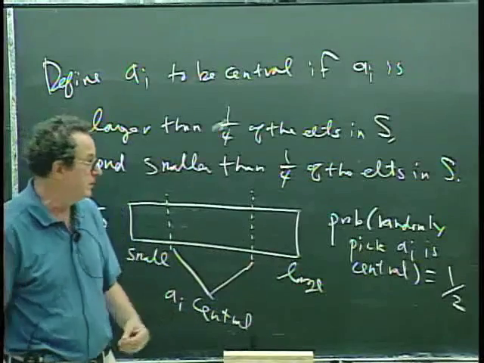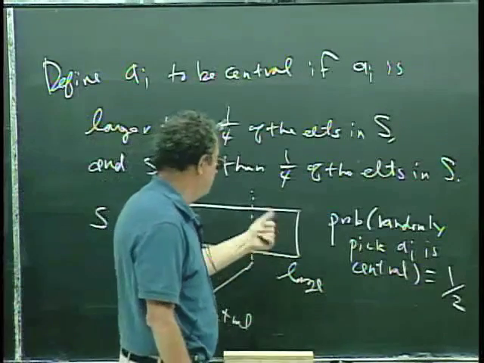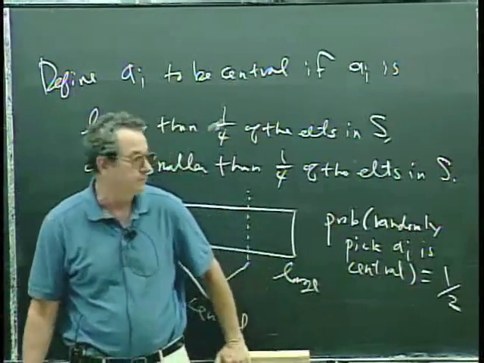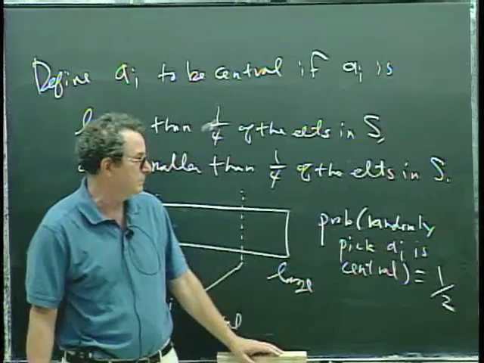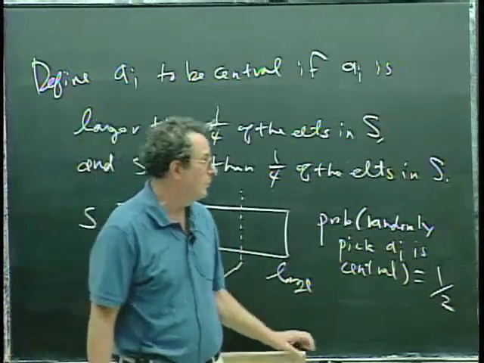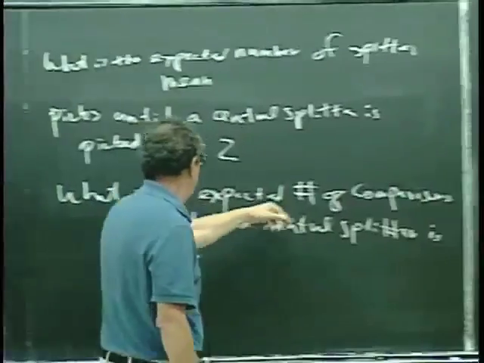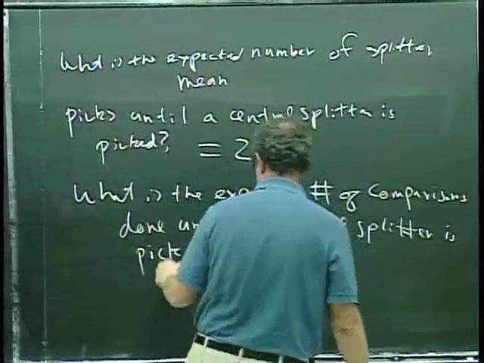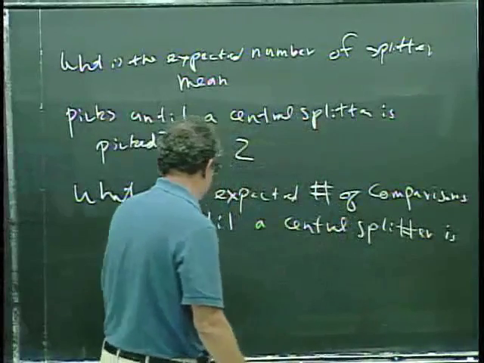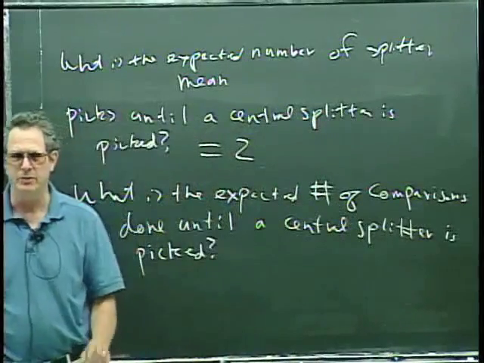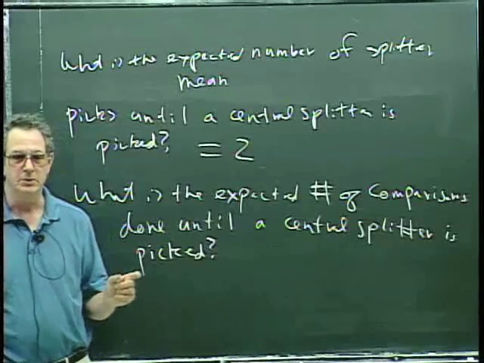If it's not central, maybe it'll be central on the next pick, and so on. So what can we say about the expected number of comparisons done until a central splitter is picked? It's a bit of a tricky question, but who has the answer?